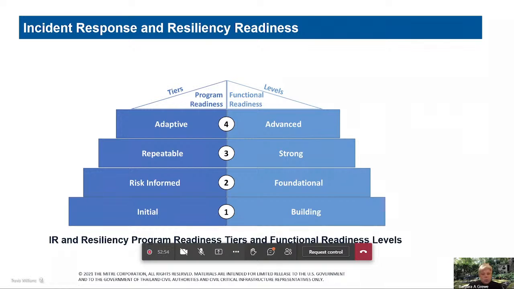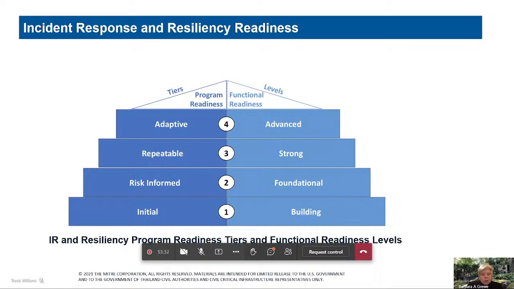Minimizing the impacts of such incidents will require the victim organization to have a robust incident response and resiliency plan in place. Now, some organizations may have only a minimal capability in place, while others may have more mature and robust capabilities. This incident response and resiliency readiness matrix is a resource to help organizations identify their respective level of readiness for identifying and responding to cybersecurity incidents.